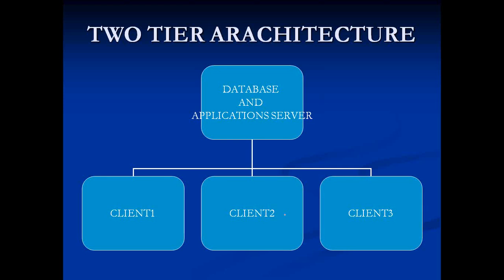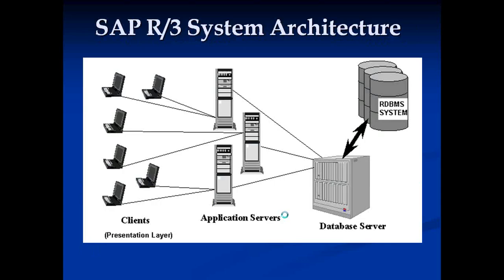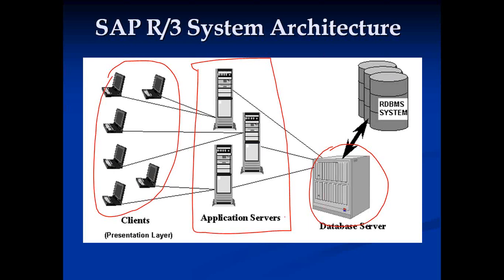Nowadays, we are using only three-tier architecture because the advantage is you can increase or decrease the size of any layer without disturbing the size of the other layers. For example, today we have recruited 10 finance executives in your company, and these 10 executives are to be provided with client systems.